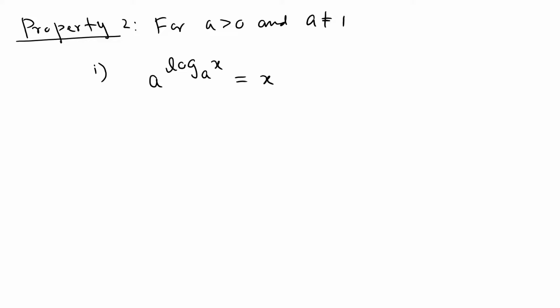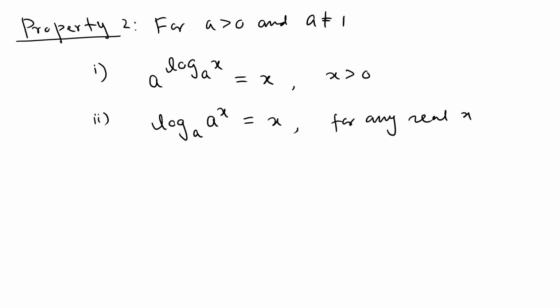So that means if you raise a to the power log_a x, you get x back. This is true for any x which is positive, because you can see that x has to be in the domain of the log. And the second result is log to any base a of a^x. This equals x, but in this case x is any real number, so for any real x.